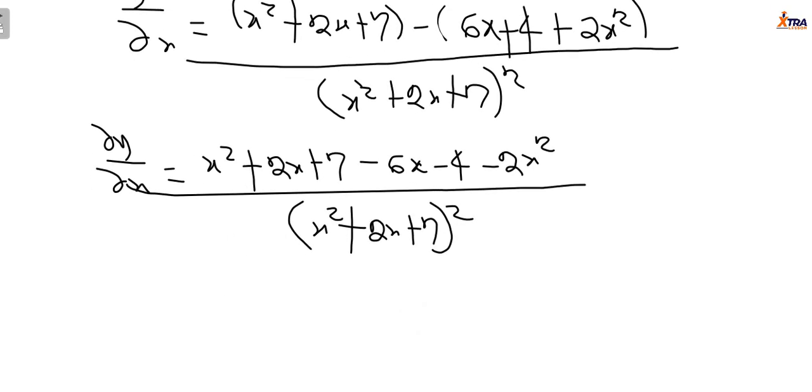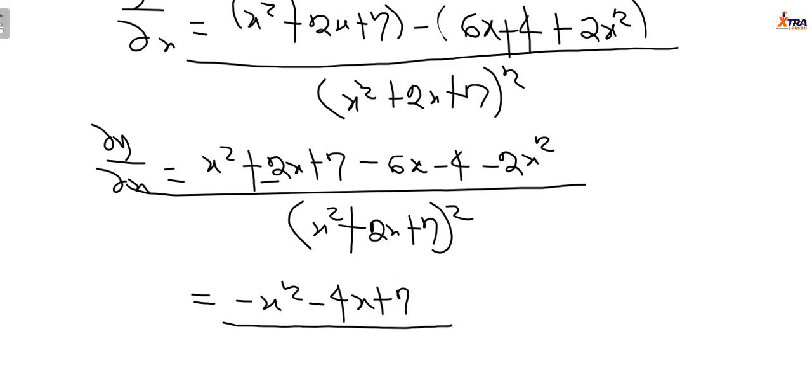So we are having x squared minus 2x squared, we are having minus x squared, 2x minus 6x is minus 4x, plus 7 minus 4 is 3, over x squared plus 2x plus 7 all squared.